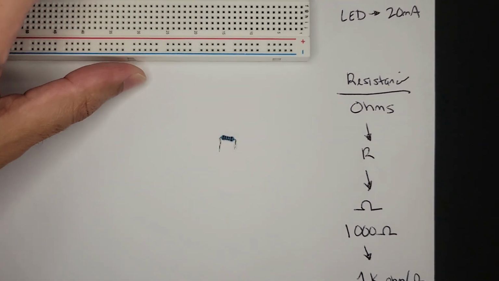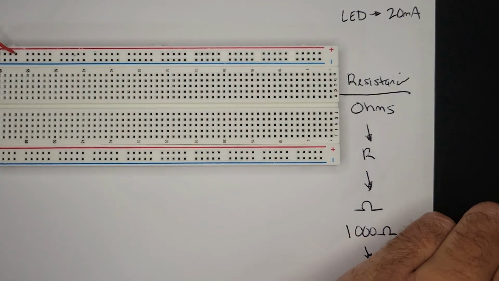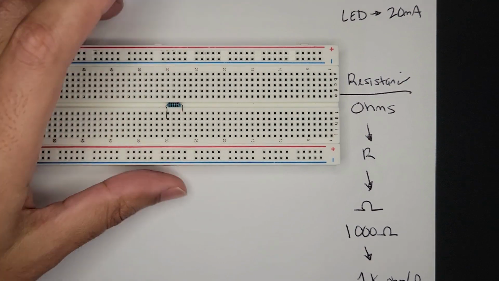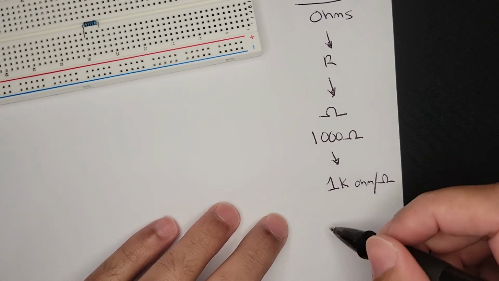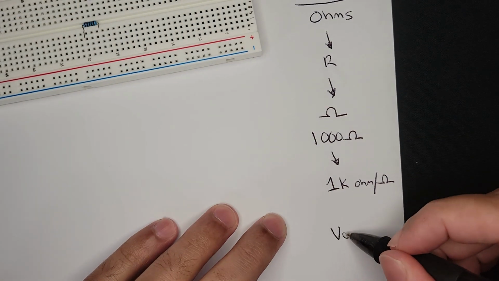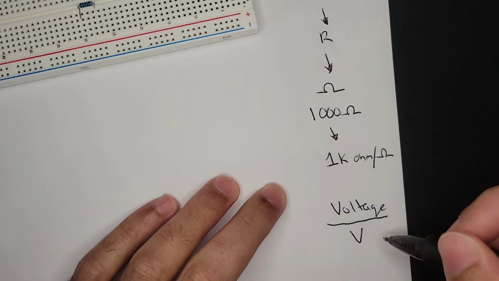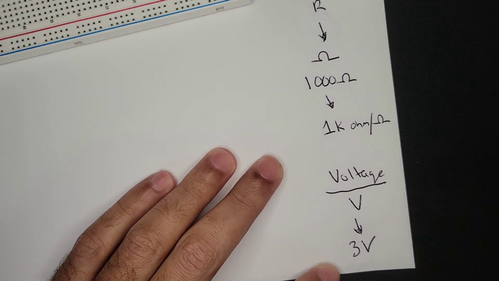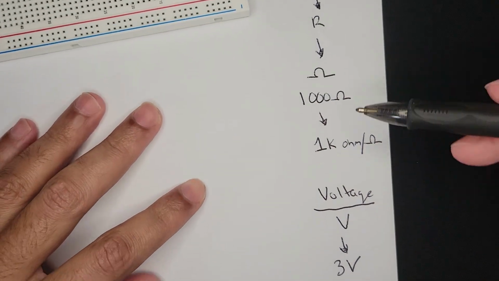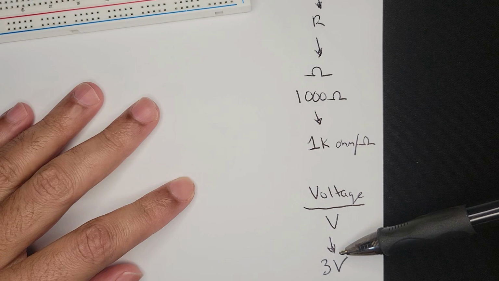So what we need to do, just as a starting point, is figure out, well, if we connect this 1,000 ohm resistor to, and let me write down here, we have our voltage, of course, which is measured in V, and we have 3 volts. Okay? So we need to see what happens when we connect our 1,000 ohm resistor to 3 volts.